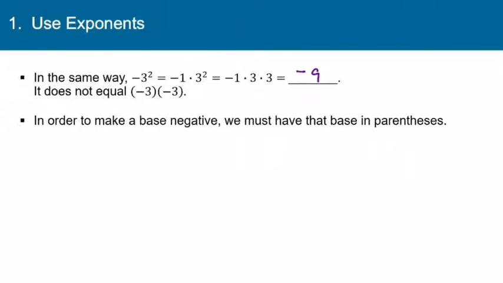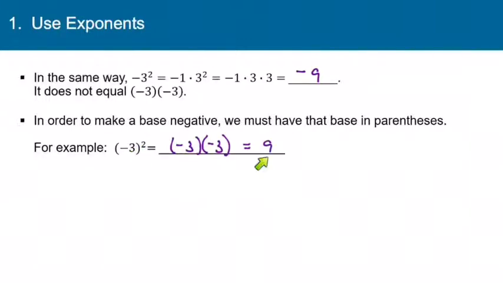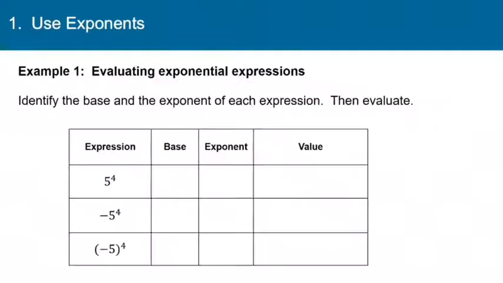Just like on the last slide, in order to raise the whole 7x to a new power, we had to have the 7x in parentheses. So for example, negative 3 in parentheses to the second power is negative 3 times itself, and that would be positive 9.